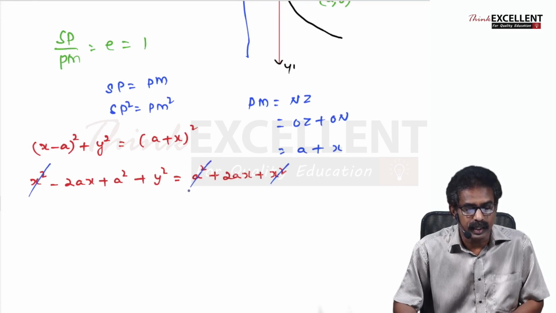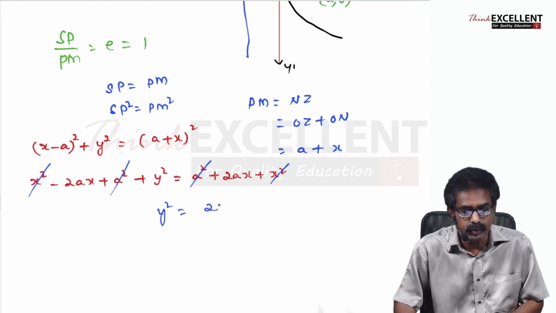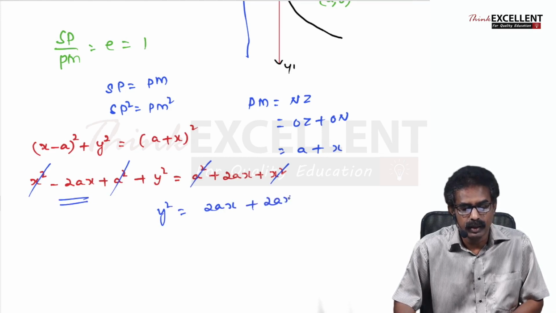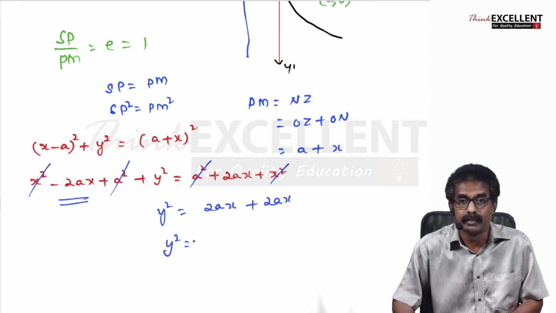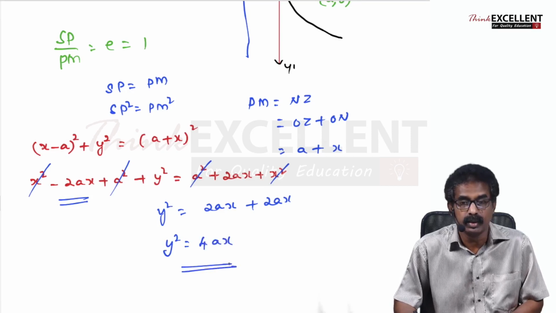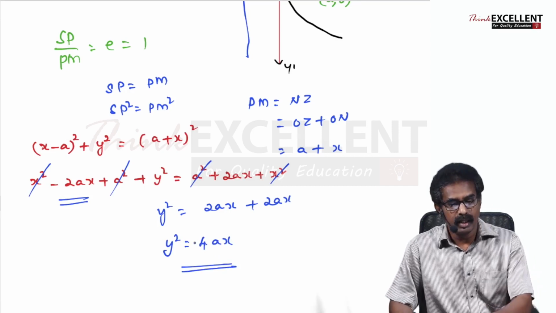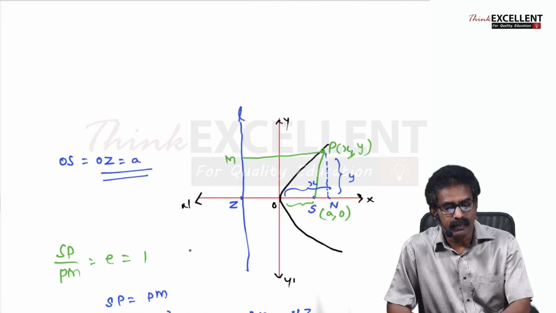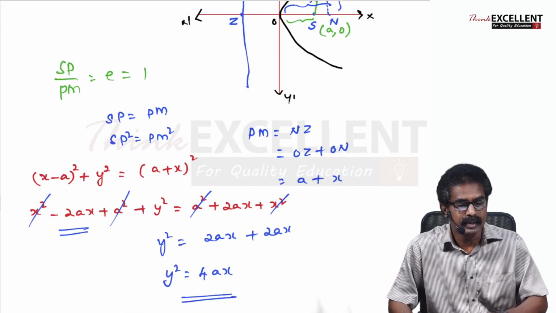Now a square also you can cancel. Left side you keep this y square, right side already you have 2ax, this minus 2ax take it to the right side as plus 2ax. So y square equal to like terms, right? 2ax plus 2ax is what? 4ax. So y square equal to 4ax. So this is the proof of this one. But when you write for the examination, you write the steps also.